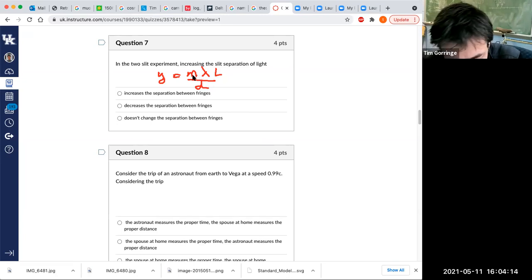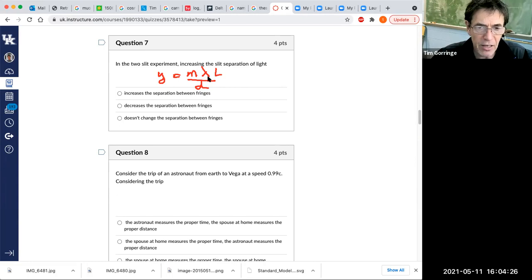So one is the order of the fringe pattern, that's the integer m. Second one is the wavelength of the light, that's the lambda. And then the other two parameters are the slit separation and the screen distance. Those are the two geometrical parameters of the two-slit experiment.